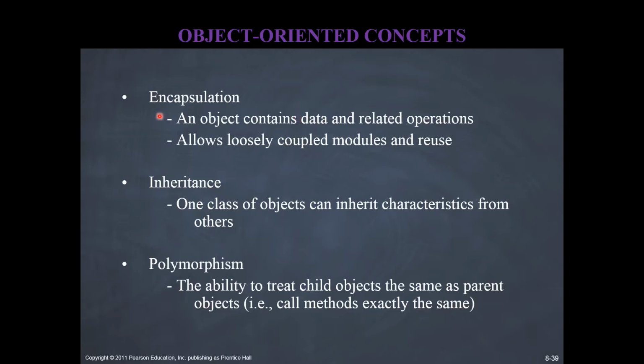First of all, you have encapsulation, meaning an object contains data and related operations or methods, as they say in object-oriented programming. So basically, under this paradigm, developers view the world as a collection of objects. A student is an object, a car is an object, a class, meaning a course, like this course, is an object, an instructor is an object, and so forth.